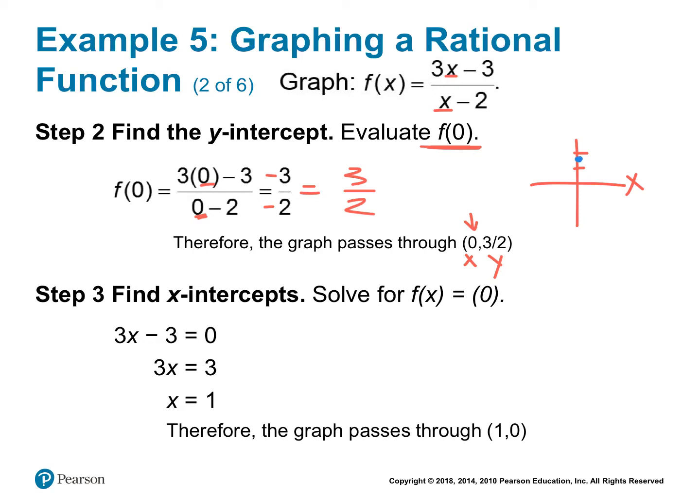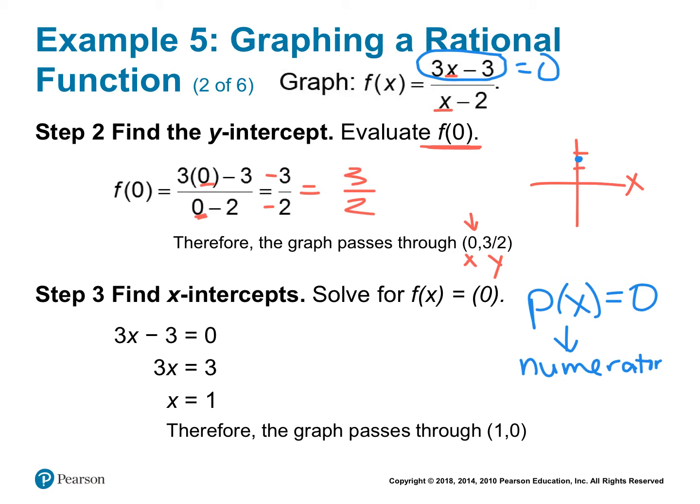Now we'll find the x-intercept. So this is to figure out what are the zeros, or what are the x's that will make the equation equal 0. So 3x minus 3 equals 0. We can solve that one. We just set the top equal to 0. Now if you look back at your steps, to find these we can figure out when p of x equals 0, which just means find when the numerator equals 0.